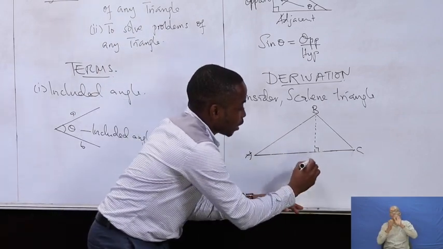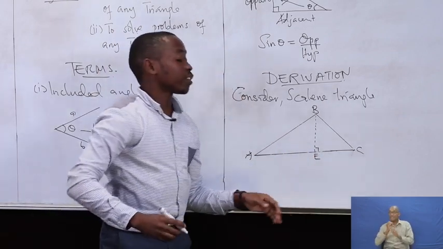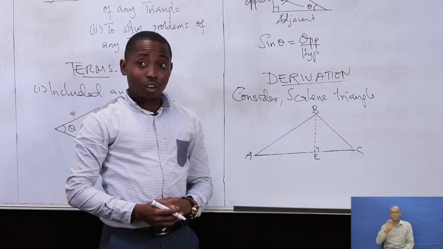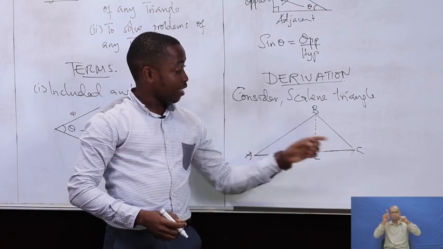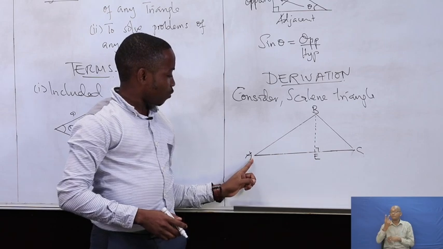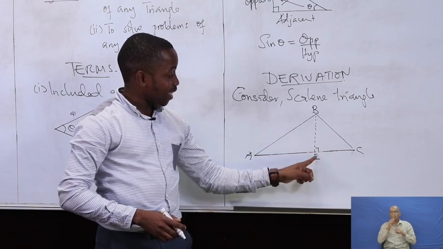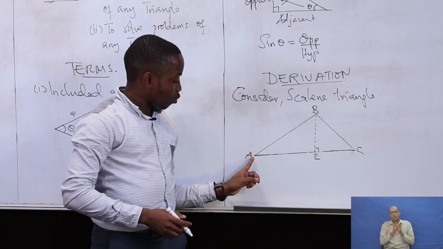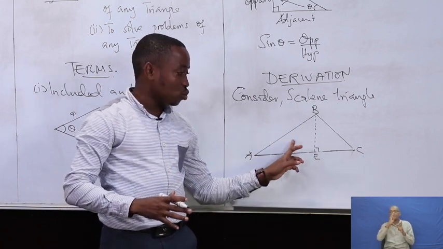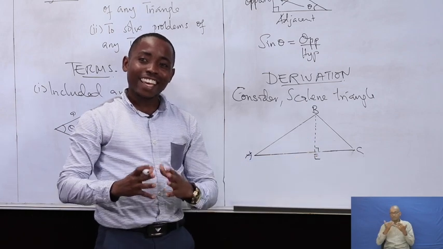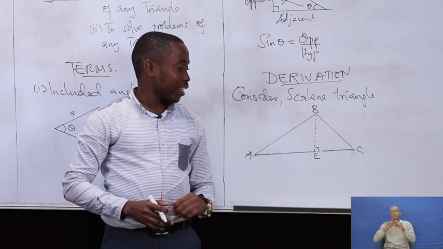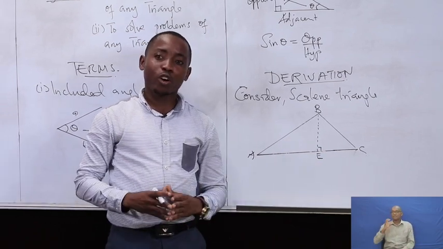Let's say we call this point E. Now once you observe this, we have the large scalene triangle ABC, but within it we have two other triangles: the small triangle BEC and the other one, triangle ABE. If we find the summation of these two triangles, we are going to get the area of the whole triangle ABC.